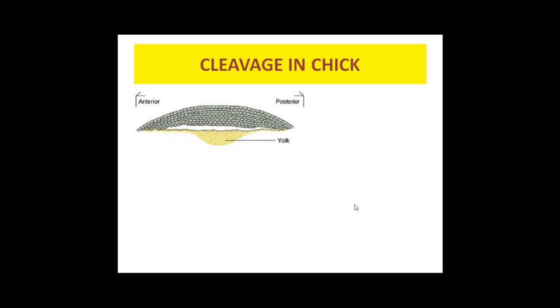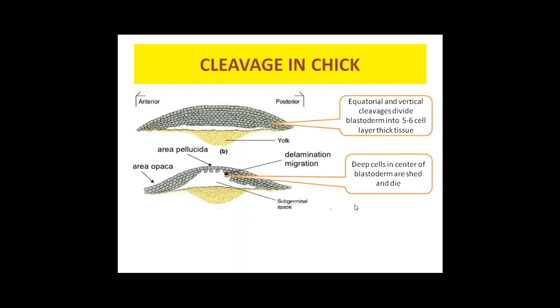As further divisions occur, the equatorial and vertical cleavages divide the blastoderm into 5 to 6 cell layer thick tissue. After this, the deep cells in the center of blastoderm are shed and die, giving rise to a single cell layer center which is called area pellucida.